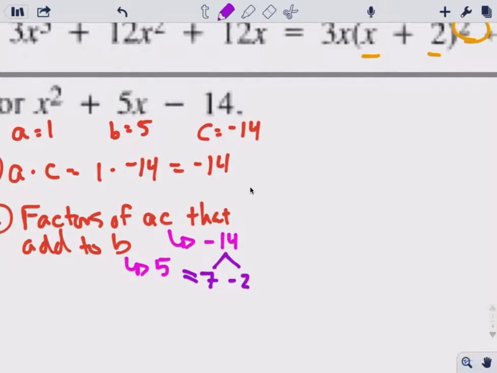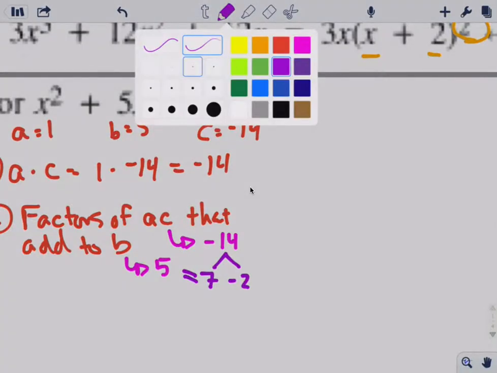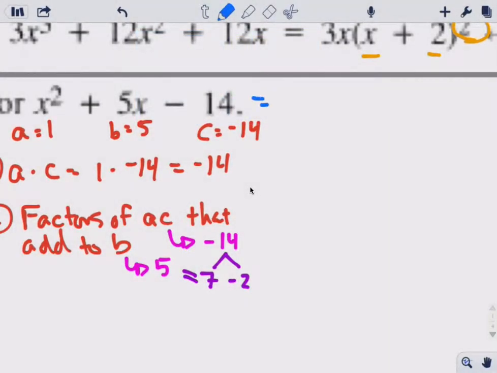So I'm going to come back over here and I'm going to rewrite this. Because I know 7 minus 2 is equal to 5, I also know that 7x minus 2x is equal to 5x. So note that 5x is the same thing as 7x minus 2x.